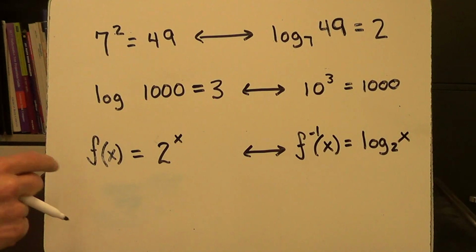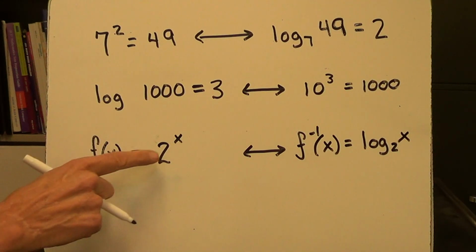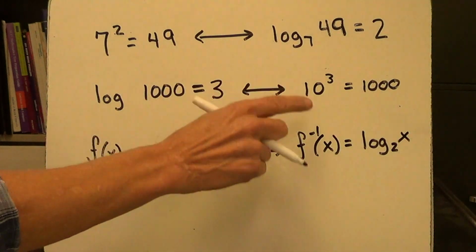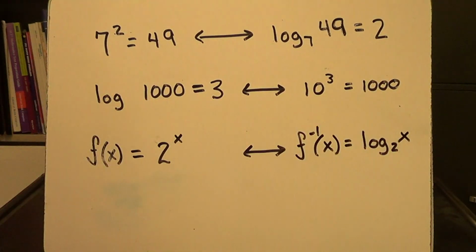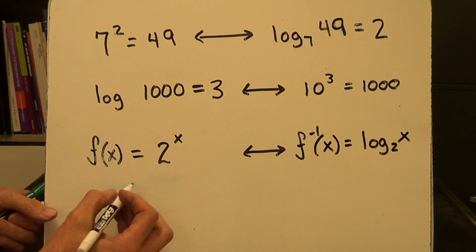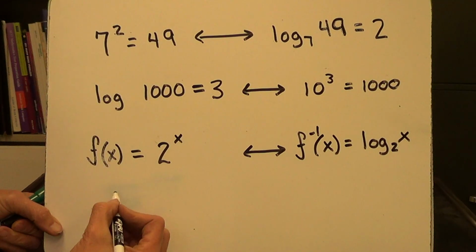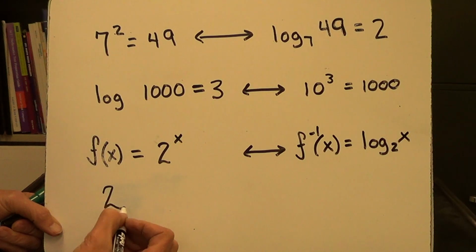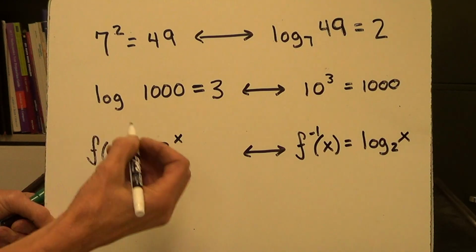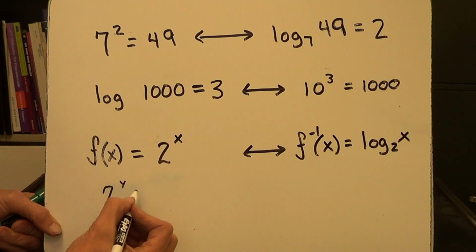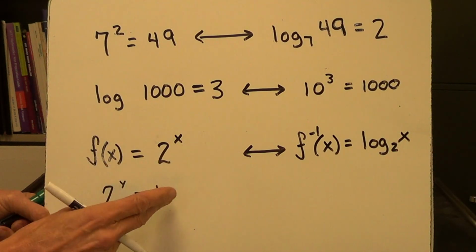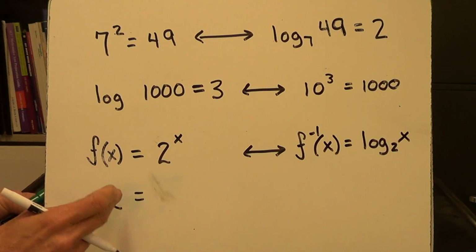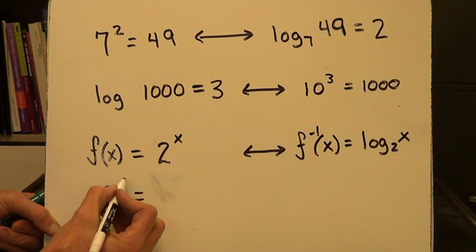Okay, now, if I give you the function 2 to the x, then the inverse function equals log base 2 of x. One way to remember this is my base, and as I'm undoing it, I would have 2 to the y equals x, and then I would flip-flop those. Actually, I would do it the other way.